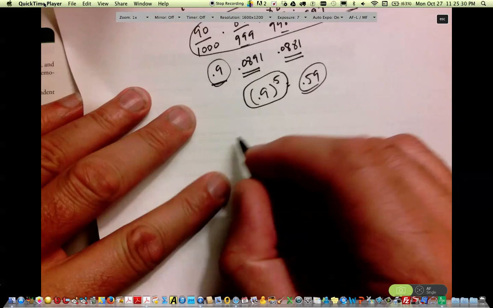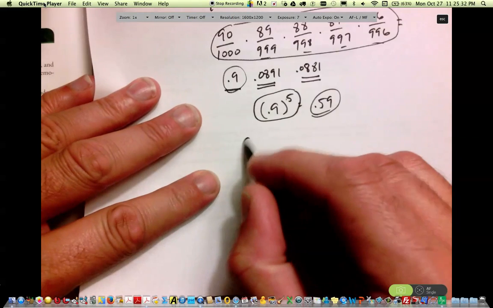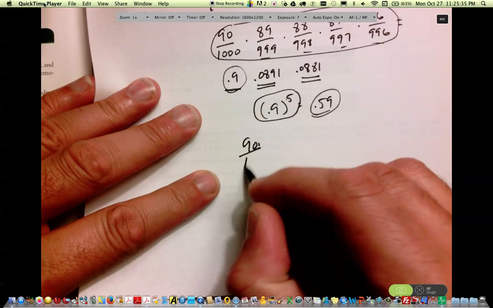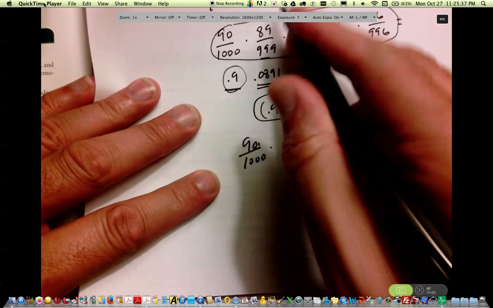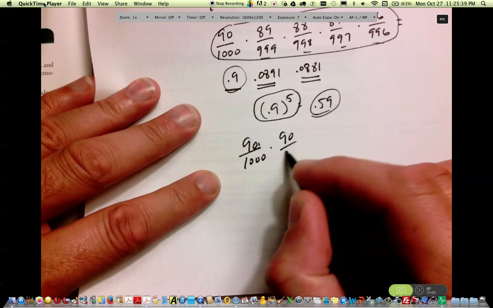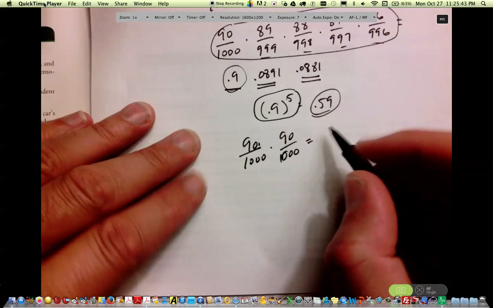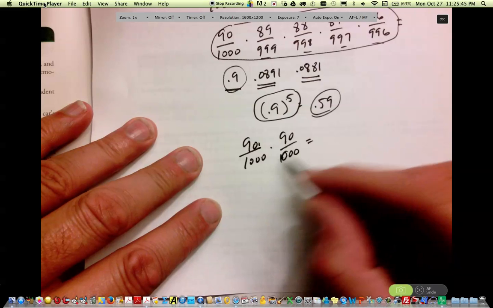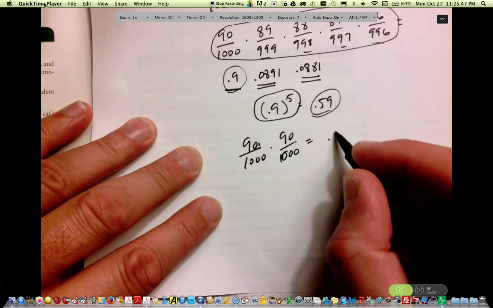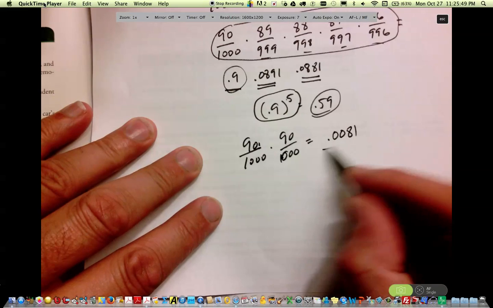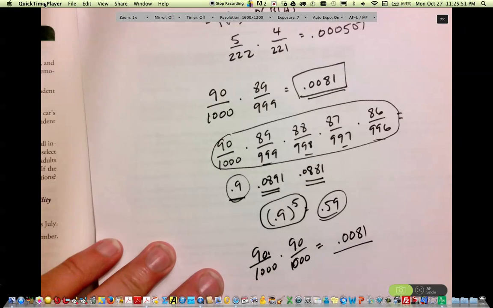But if we take 90 out of 1,000, and suppose that probability doesn't change, and we got 90 out of 1,000 again, 0.9 times 0.9 is still 0.0081. These answers are really close together.